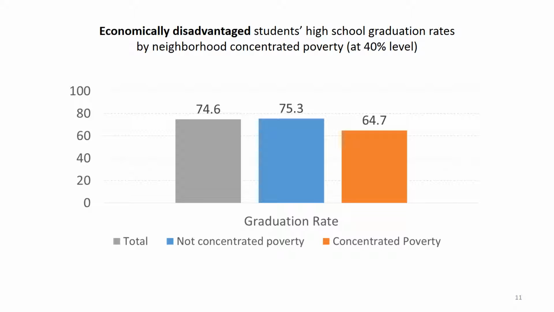Finally, keep in mind that this is a conservative estimate, as I mentioned earlier, of schools that are actually serving students in concentrated poverty, because we're only focusing on those schools physically located in a neighborhood of concentrated poverty.